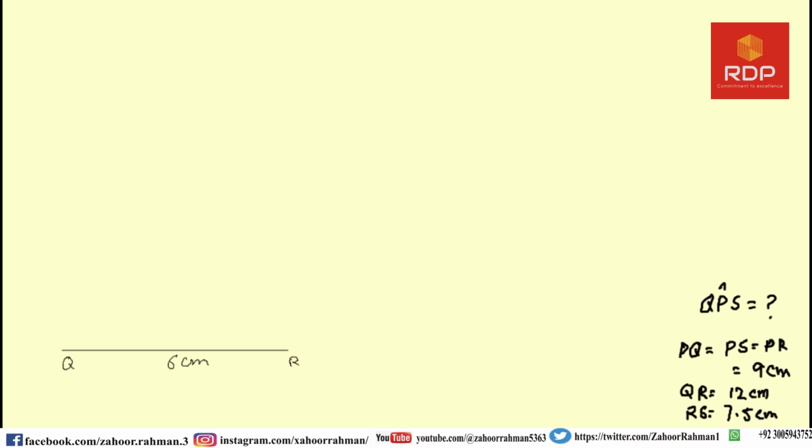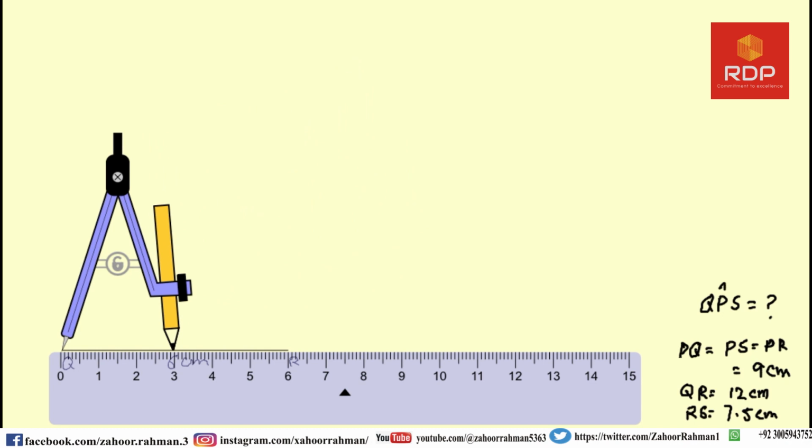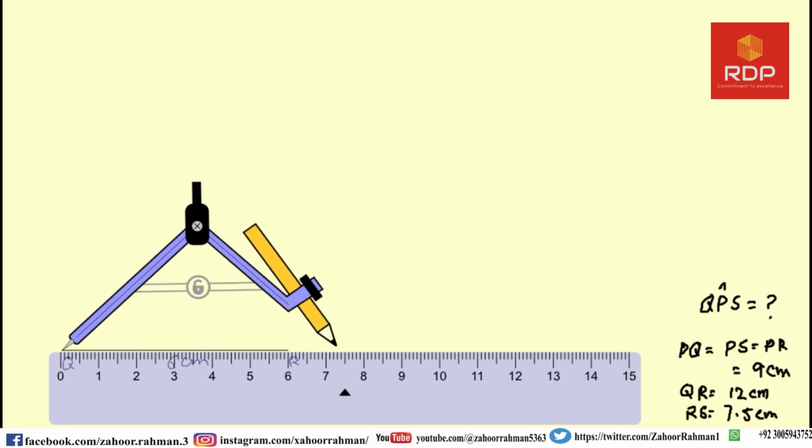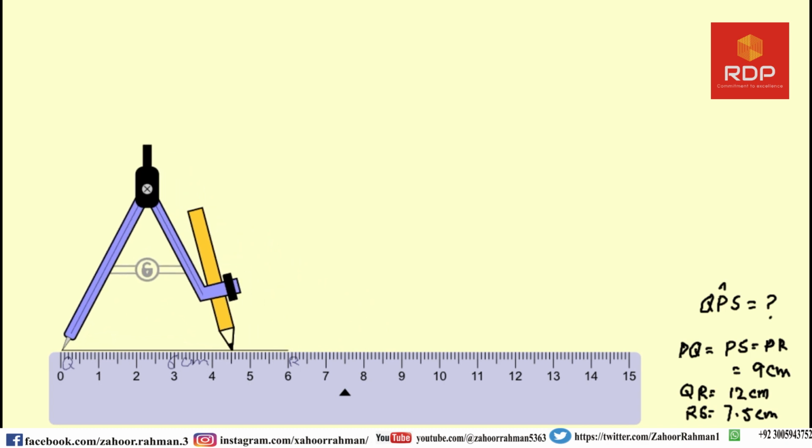Okay, next we have to draw QP. QR is always there. So let us draw, QP is 9 centimeter, and here I have to open it till 9 centimeter, so it will be 4.5 centimeter.